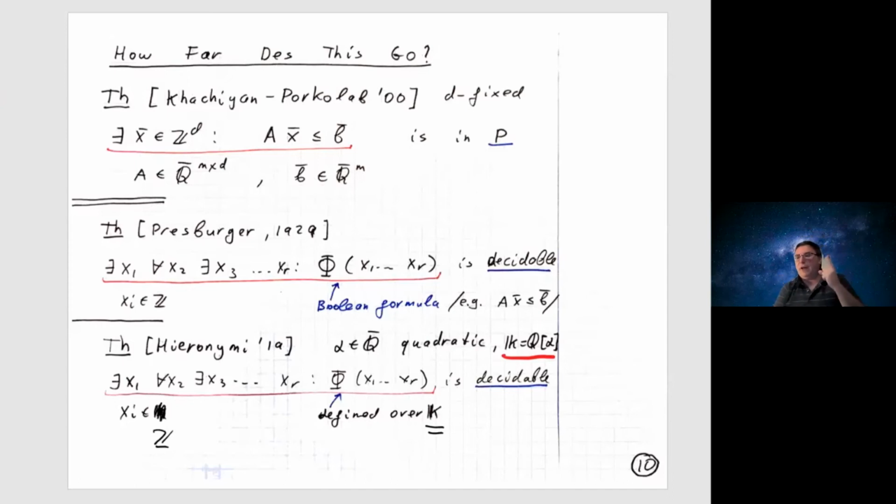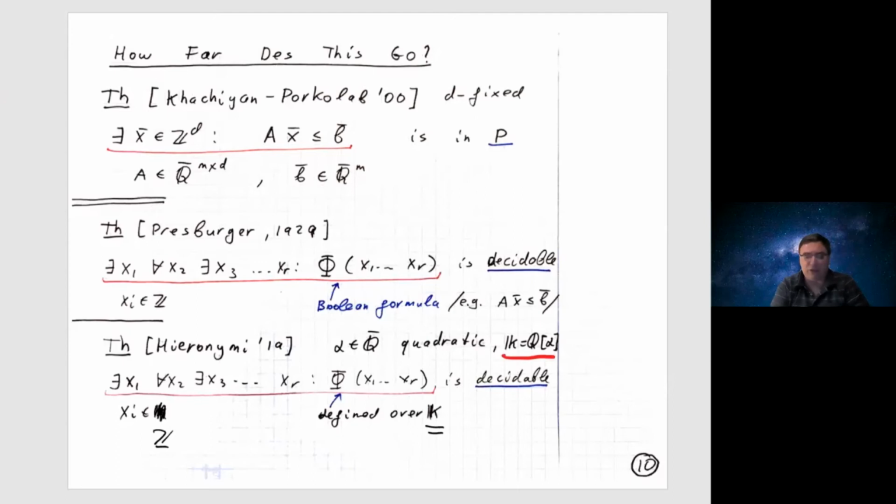So you take one quadratic irrational, you add it to your field of rationals. Okay? Then that gives an extension of Presburger's result. That's a kind of amazing thing to have. You wouldn't think that Presburger can be extended in such a simple way, but it can. Is the statement clear?